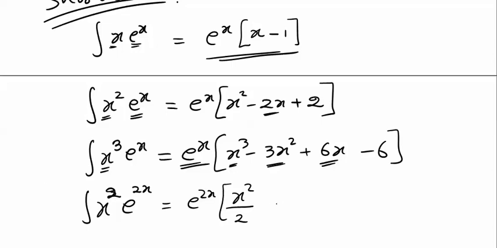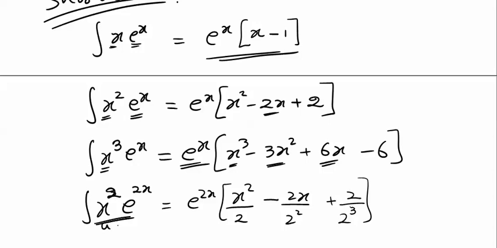The numerator will be same. X square minus 2x by 2 square plus 2. Clear? You can check it if you want.